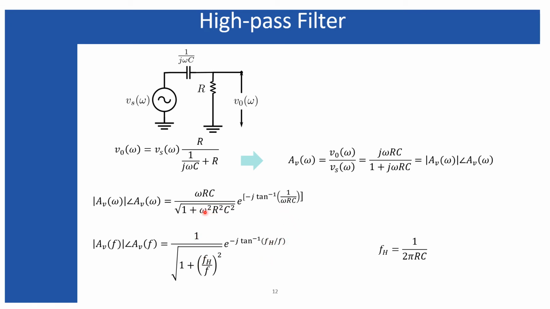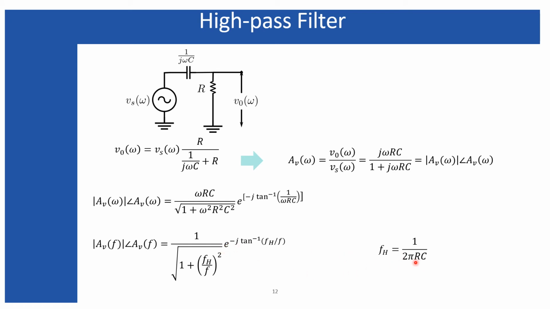Here also, if I write omega as 2 pi f, and club all other terms other than f, I define fh as the cutoff frequency for the high pass filter, which is also equal to 1 by 2 pi RC, exactly equal to the cutoff frequency of the low pass filter that I obtained in my previous slide. Here also the same cutoff frequency appears, but the difference is that this cutoff frequency is of a high pass filter, not of the low pass filter.